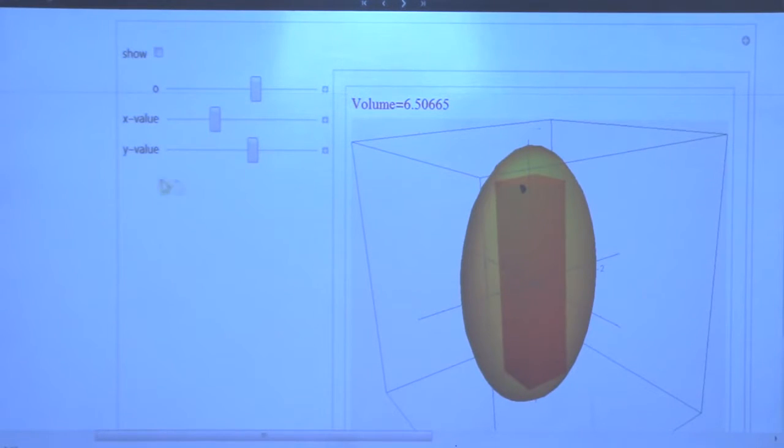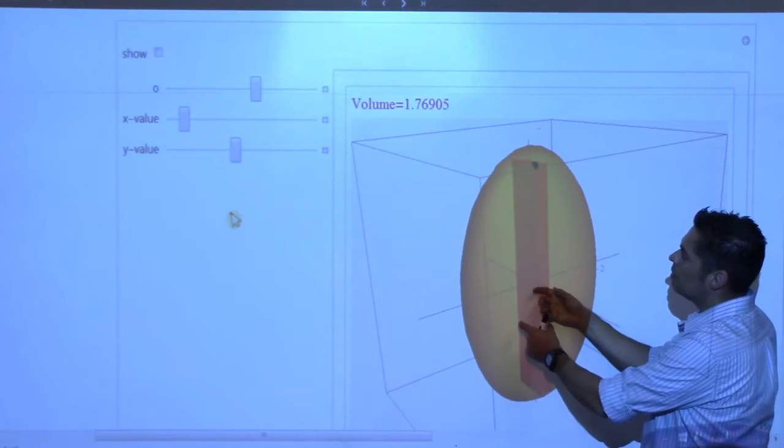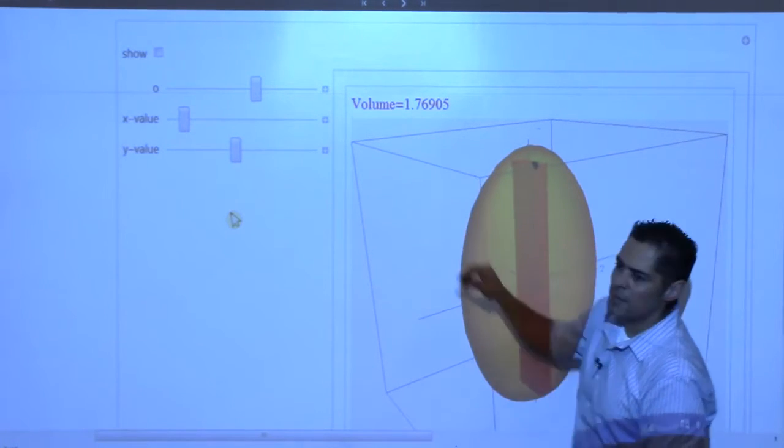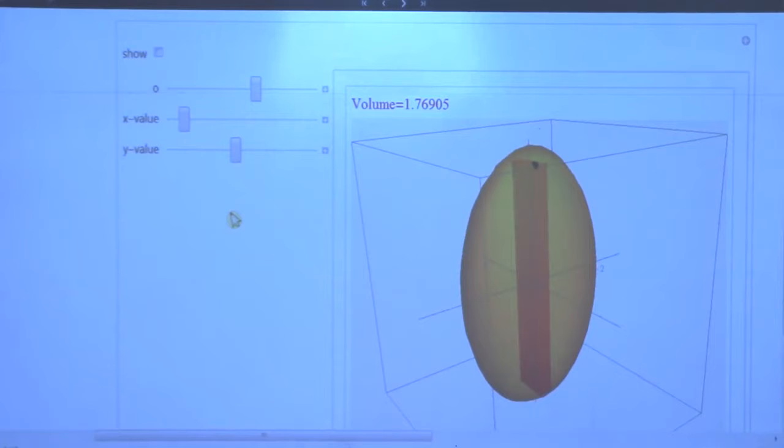Does this look kind of like a Cal 1 problem? Maybe, maybe not. So look, if I go really tall, what happens? I get a very tall box, right? But it's very narrow. And look, the volume right now is 1.7. I'm having the computer calculate it for me. If I make my y value and my x value bigger, you can see I'm getting a bigger volume, right? 6 now.